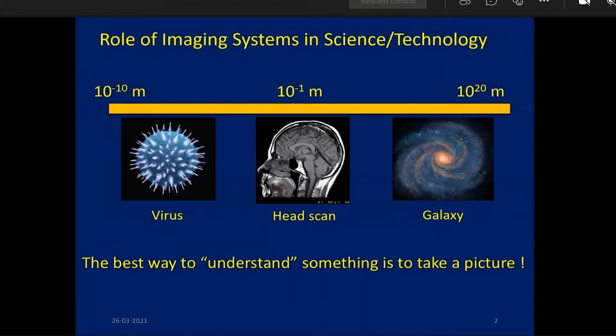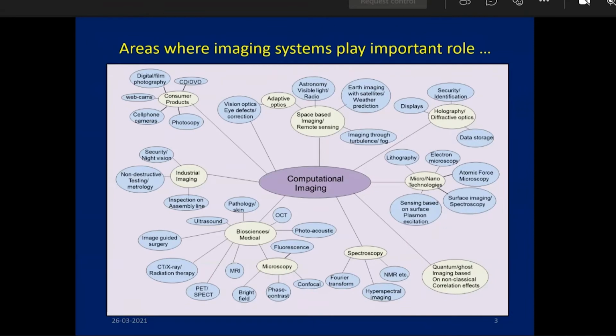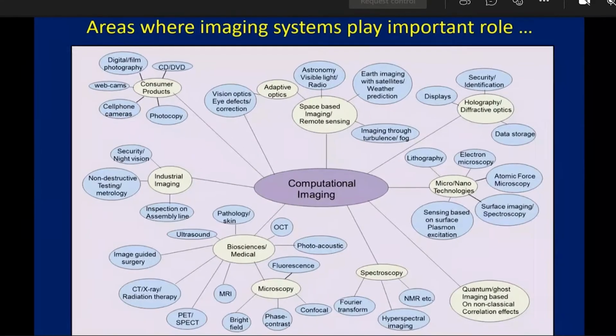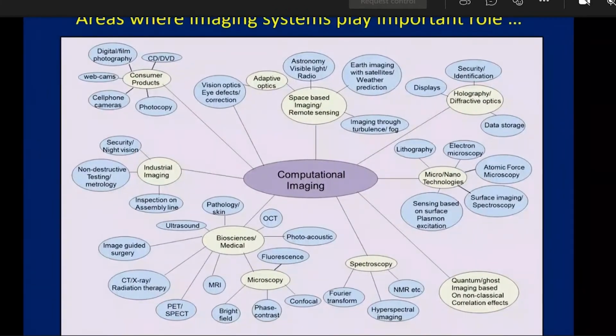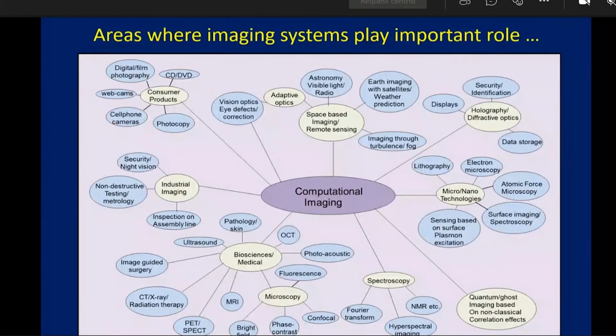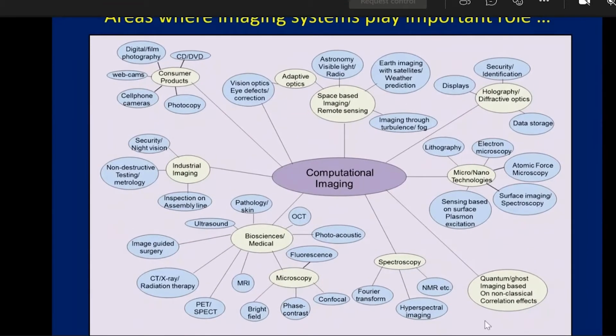Okay, and so you may be thinking, is there some sort of a map which tells me where imaging is applied? I have shown you these length scales, but here I'm getting a little more specific. And these are really a vast number of areas. You can take any one of them. If you go in any direction here, let's take biomedical imaging, you can in fact spend the whole of your life in that, and still there will be more things to do.